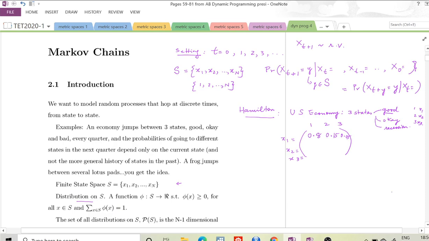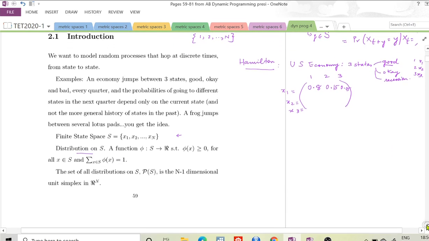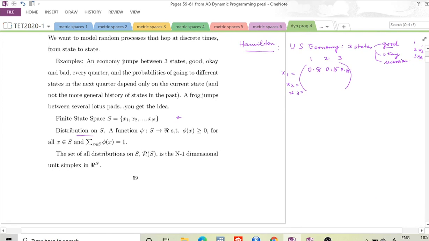And so the set of all possible distributions on the state space, called P of S, or you could call it delta of S, is the n-1 dimensional unit simplex in Rn, right? So for instance, suppose there were only 2 states. Yeah, so you have a 2-state world. So there is some probability.